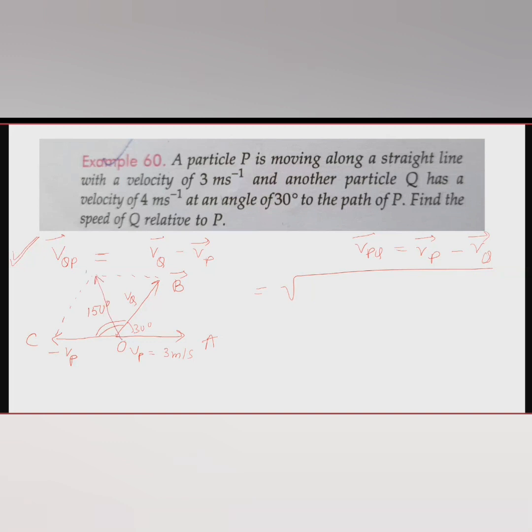So let's call it D. So this is our velocity of Q relative to P.